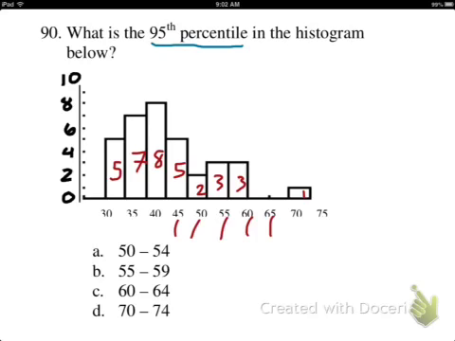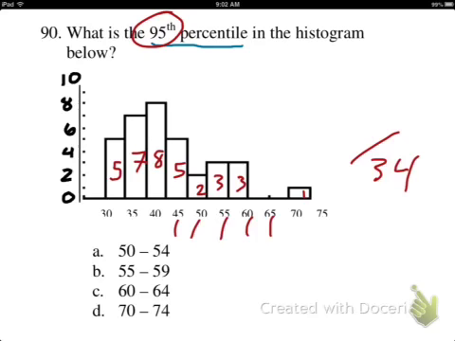So 5 plus 7 plus 8, so that's 20, 25, 27, 30, 33, 34. Hopefully that's right. I count 34. You can pause this and double check it with your math. Okay, and then because it's the 95th percentile, I'm going to start on the right side and go down.